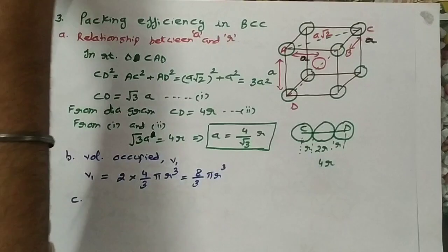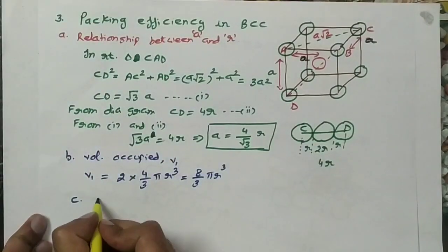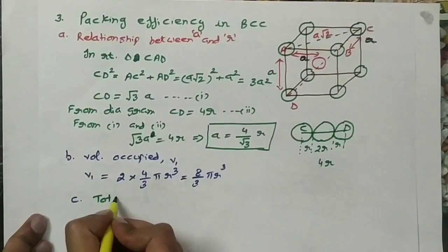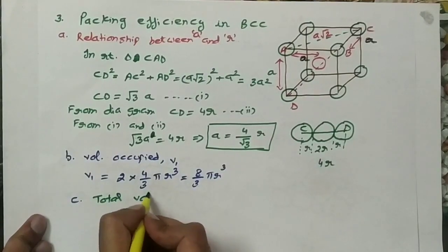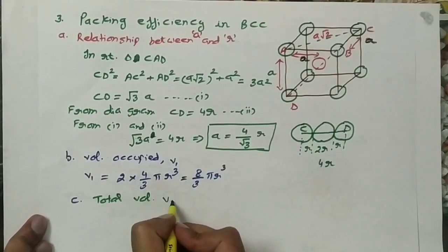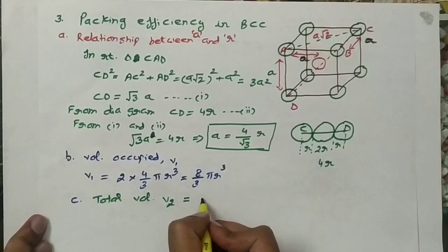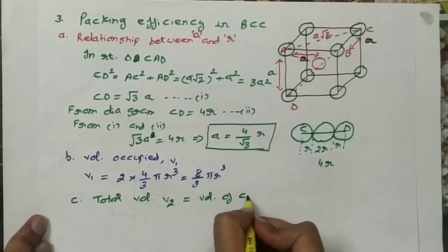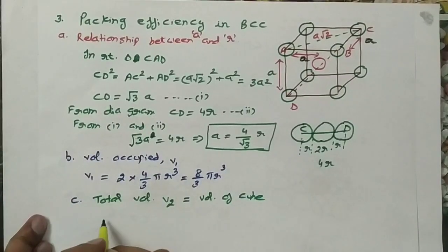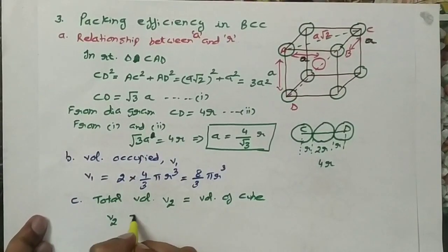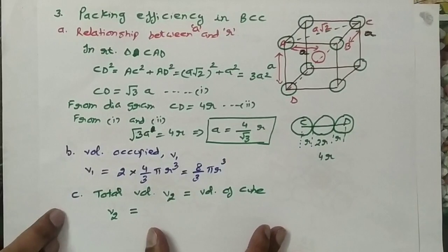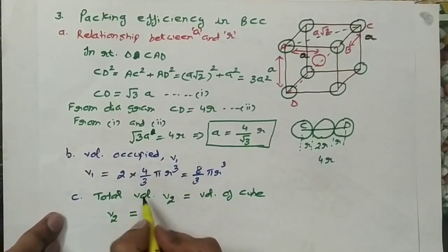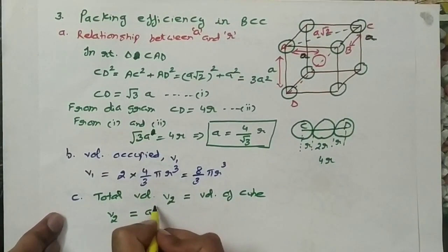C is total volume available. Total volume is V2 and V2 is volume of the cube. So V2 is equal to a cube.